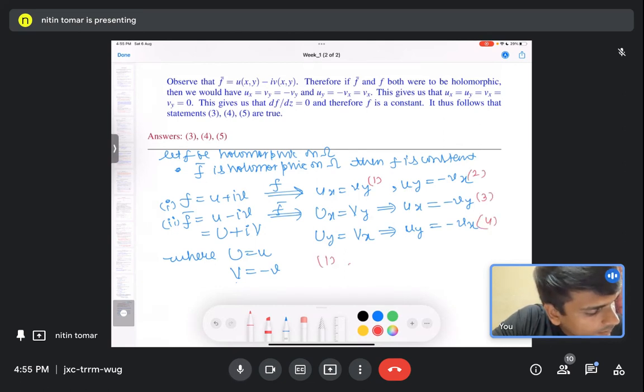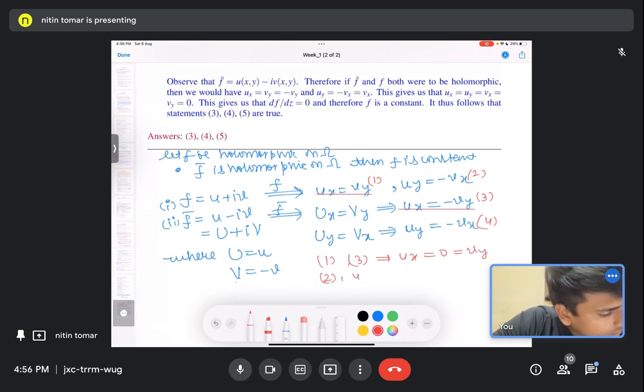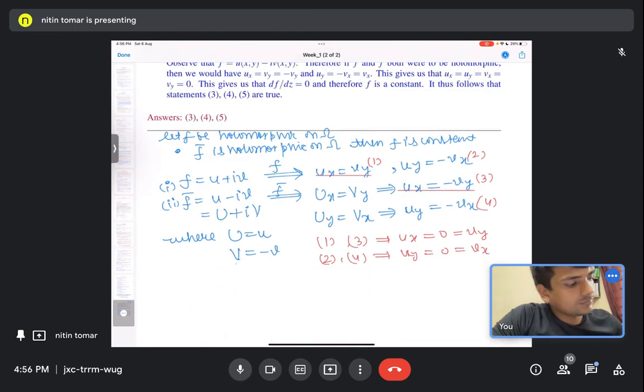Now if you use 1 and 3, it implies ux equal to vy equal to 0, and 2 and 4 imply uy equal to 0 equal to vx on omega.